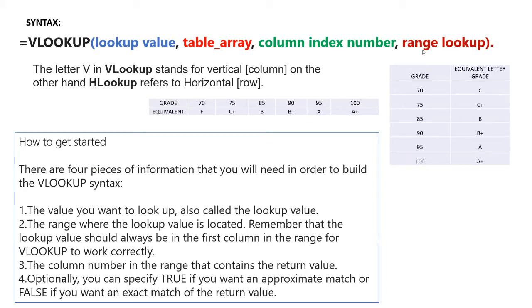Then the last argument is the range lookup. For the range lookup, this is optional. You can specify true if you want an approximate match or false if you want an exact match on the return value. I apply this using Microsoft Excel, Office 365.